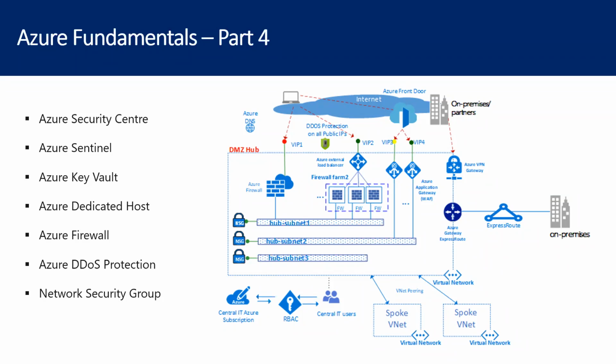Microsoft will manage where your VMs should go and stay, but you can select which availability zone you want, which availability set you want. You can decide that, but you cannot decide which physical server you want to host on. But the new feature called Azure Dedicated Host is actually allowing you to choose. If you want to use a dedicated host, you can select a dedicated host and configure your virtual machines.